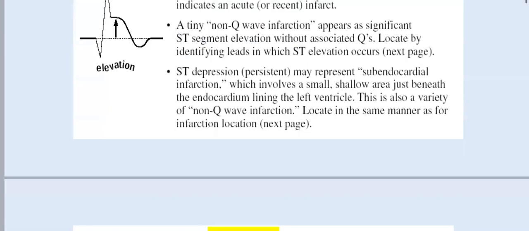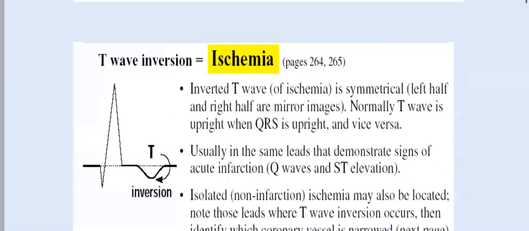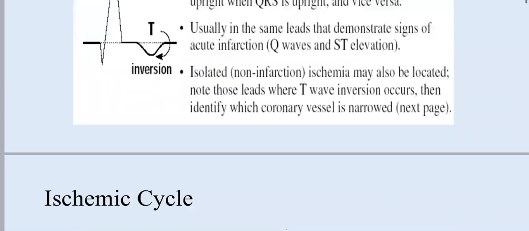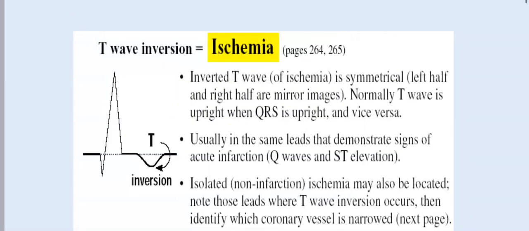Now, when we come to T-wave inversion, I'm so sorry. When we come to T-wave inversion, the T-wave, as an important part of the ECG, lacks specificity to the highest degree.